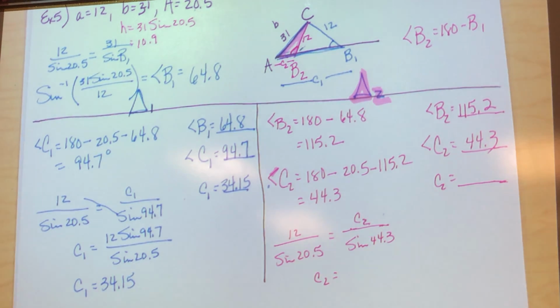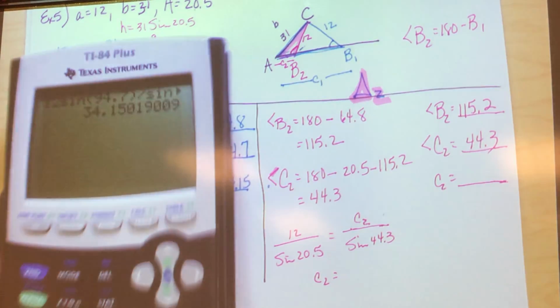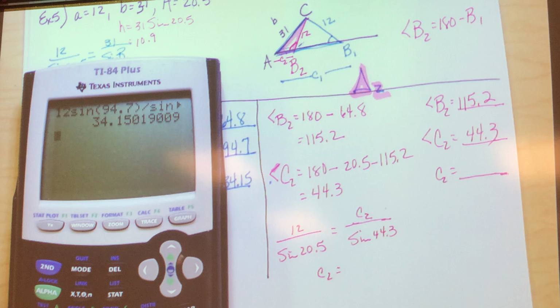Yes, ma'am. So C sub 2 is equal to, I'll pop it all in my calculator. Will you always be able to use the first fraction, like, again? Mm-hmm. That's going to be my go-to one. I'm going to use him to find everything that I need, okay? So I'm going to say 12 times the sine of 44.3, close the parentheses.